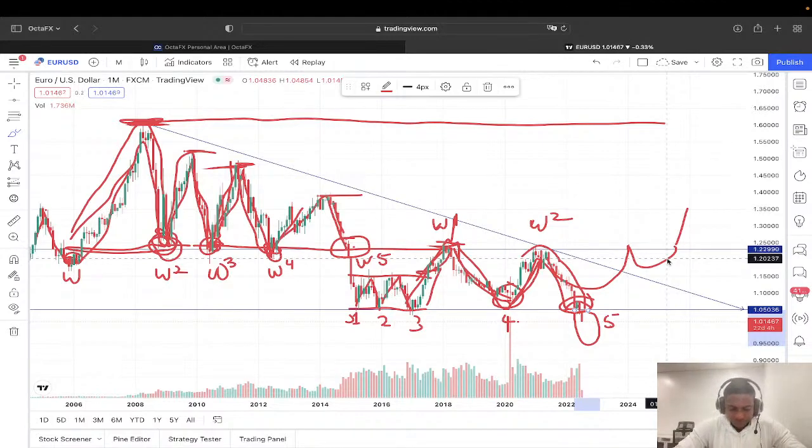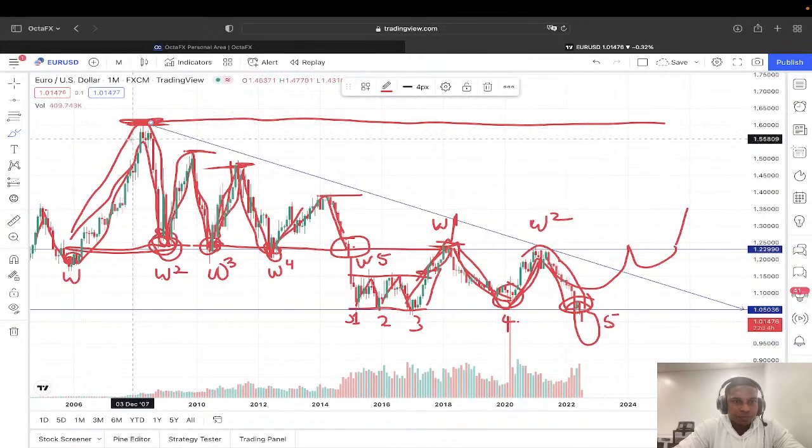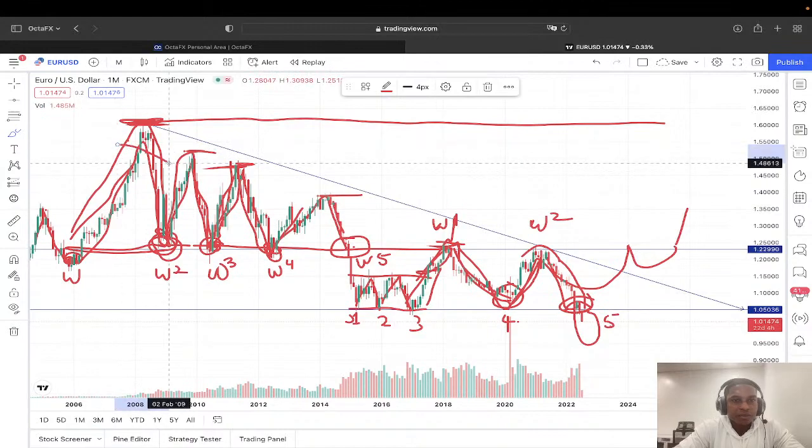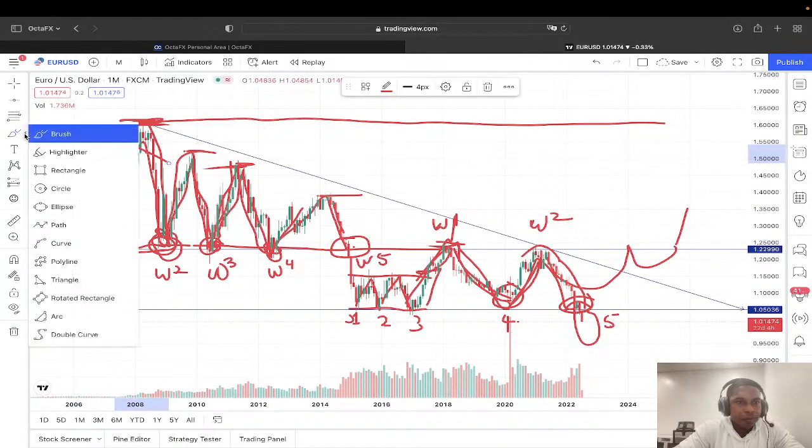Someone is asking, how can I know a breakout candle? I want to erase all this now.